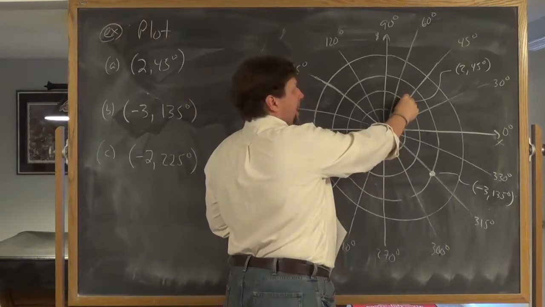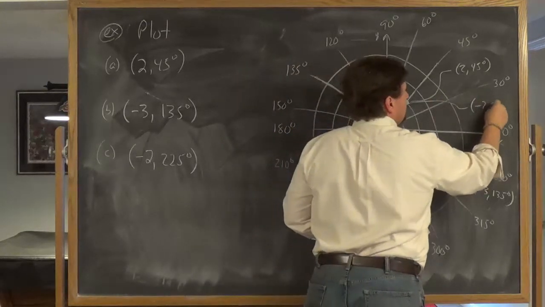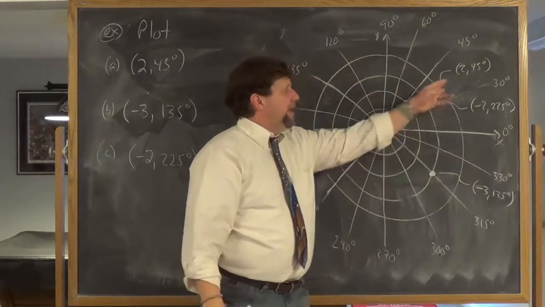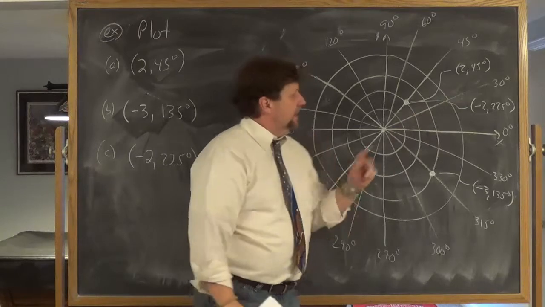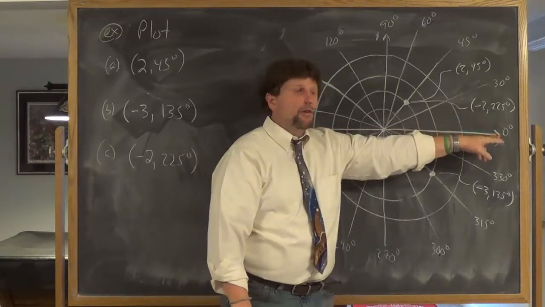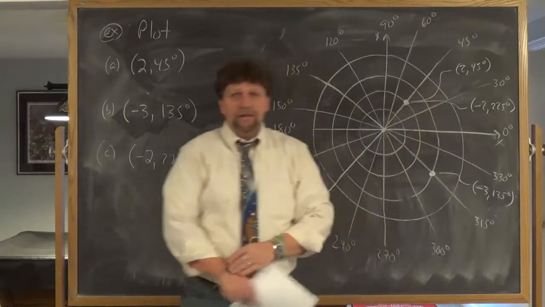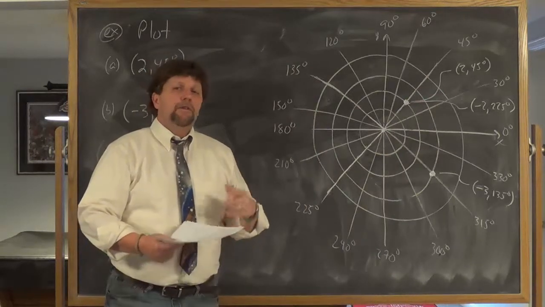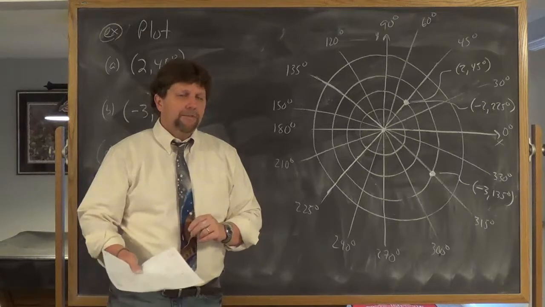I go in the opposite direction 2 units. That point's already plotted. That was what we plotted in part A as being the polar point 2, 45 degrees. Now we found a polar representation for it as -2, 225 degrees, which is correct. Well, they're both correct. Part C illustrates something about polar coordinates.